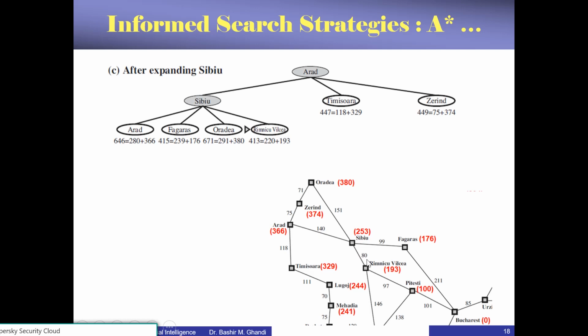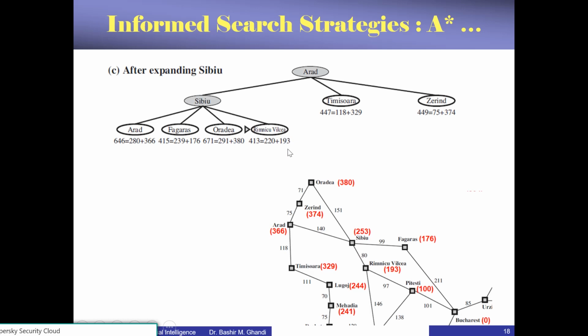So this is contrary to what we saw last time. The algorithm for greedy best first search chose Fagaras and it went to Bucharest from Fagaras. But this algorithm is telling you no, don't go to Fagaras, because if we add the cost from Fagaras to the goal, you're going to get more compared to if you go to Rimnicu Vilcea.